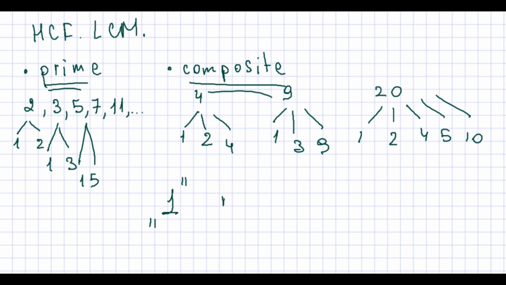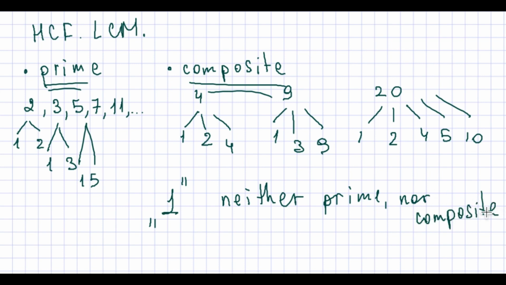Number 1 is neither prime nor composite, because 1 divides by only 1. It has 1 factor, so it's not the definition of prime and it's not the definition of composite. And another interesting moment is about 2. As you see and investigate, 2 is unique, it's the only even prime number. All the prime numbers are odd except 2.